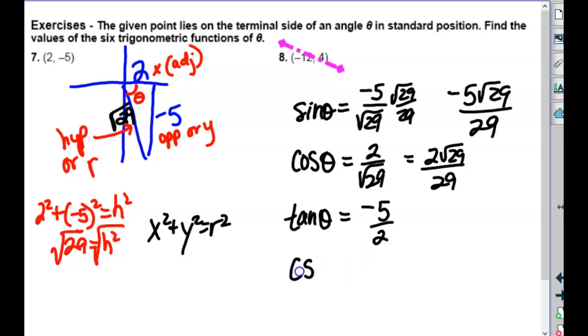All right, then cosecant. Now, where's it easiest to flip this over, guys? That very first guy, right? Or to do hypotenuse over opposite. Make sure it's negative. All right, secant.